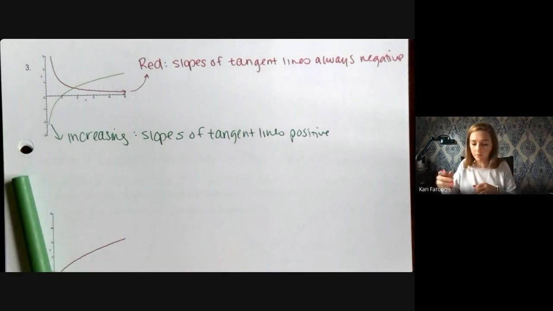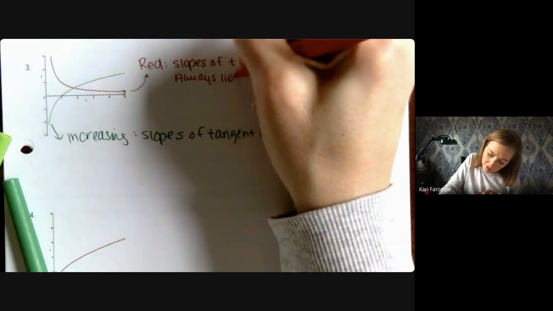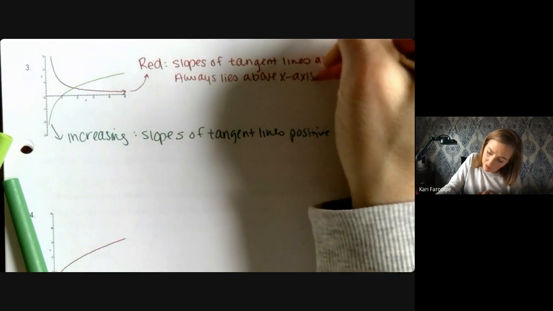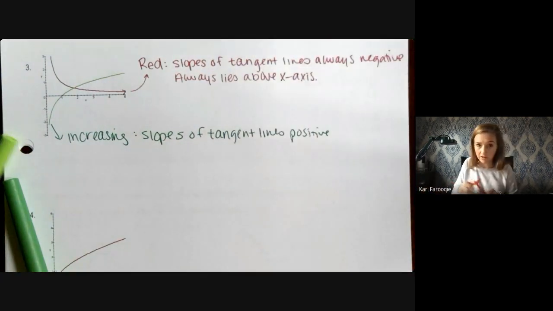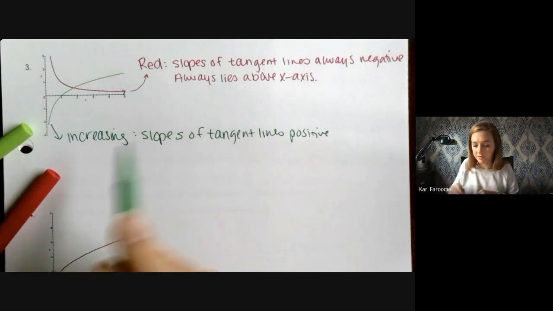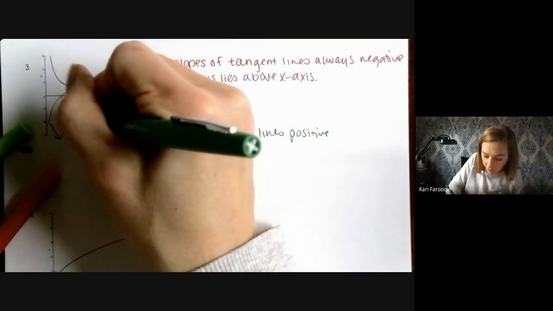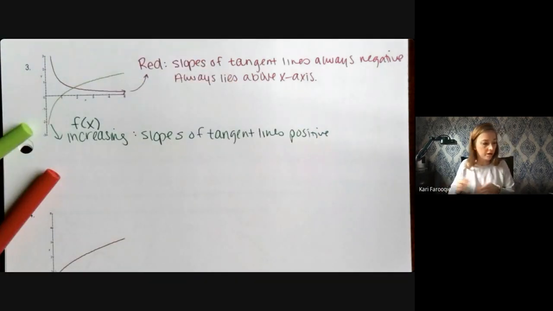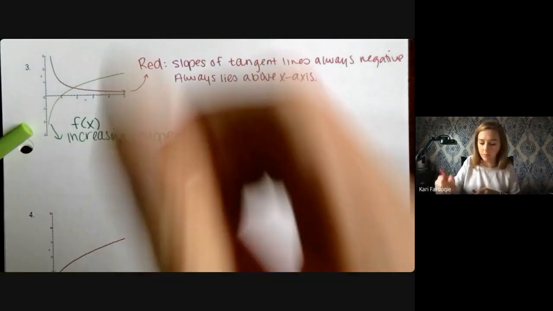So we would say that the red one always lies above the x-axis. So it must be that the green function is your f of x, and that your red function is f prime.